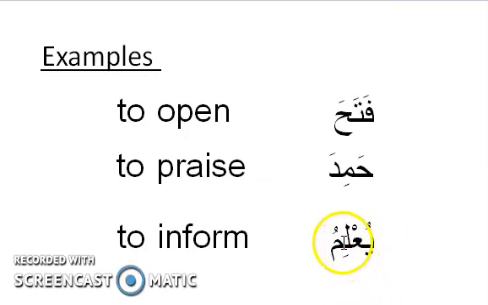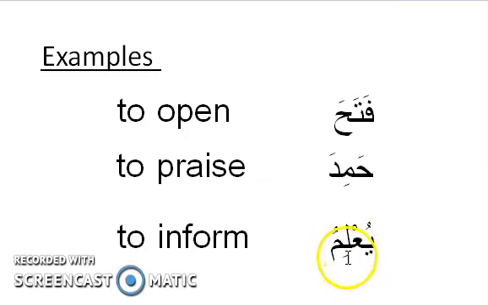Look at the next one, lam with kasra. The name of the letter is lam, but it is l. You have to know the vowels to be able to pronounce it. When there is kasra, so li.